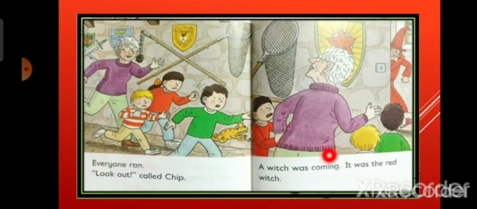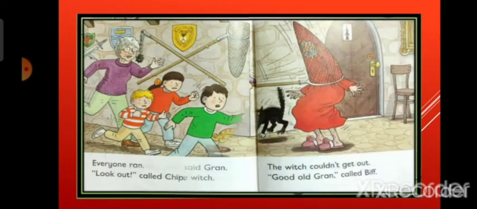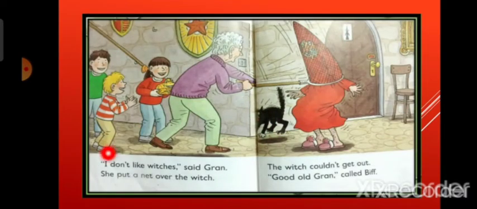A witch was coming. It was the red witch. "I don't like witches," said Gran. She put a net over the witch. The witch couldn't get out. "Good old Gran!" called Biff.